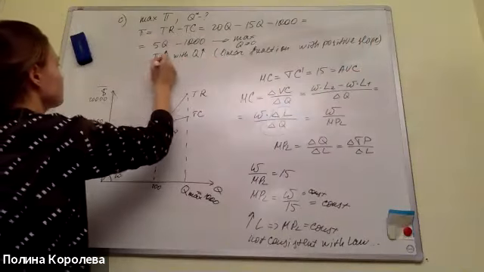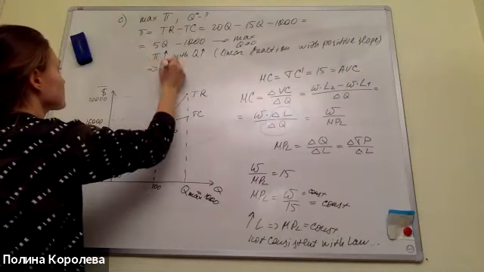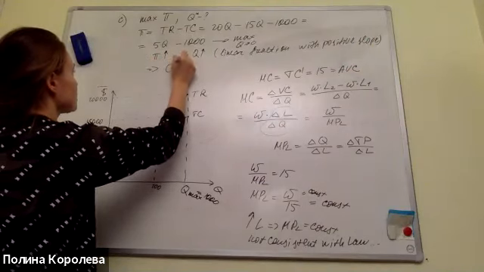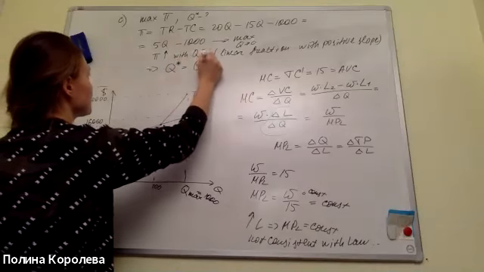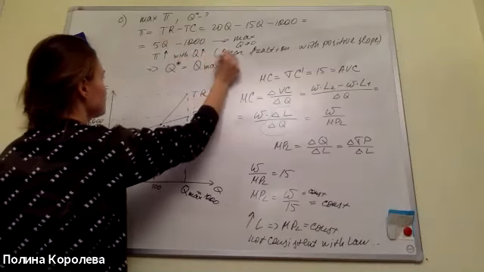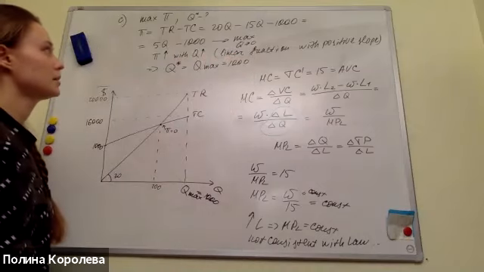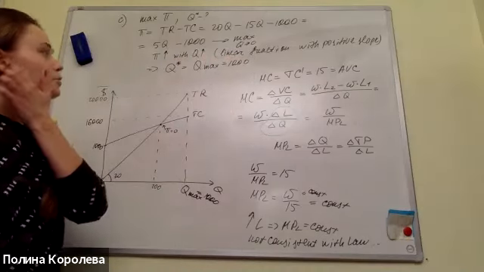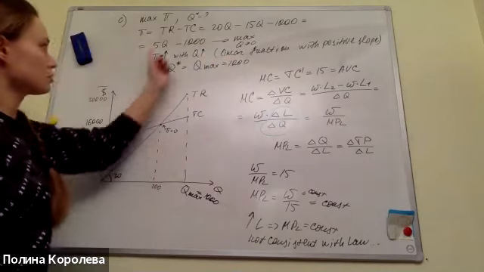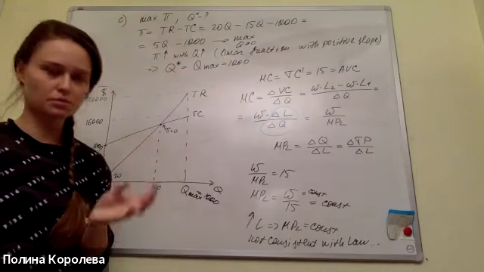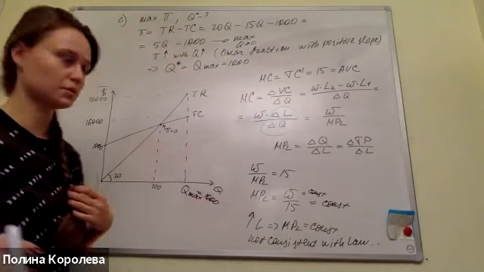That's why our optimal quantity, how much to sell, equals the maximum that we can sell, equal to 1000 in this task. So if in profit you get a linear function, you should do like this. If you have a quadratic function, you should do marginal revenue equals marginal cost.